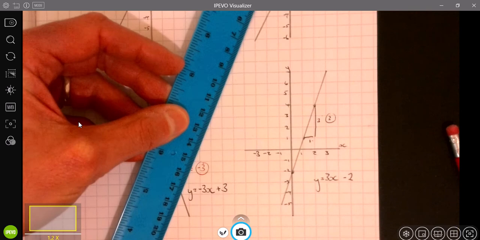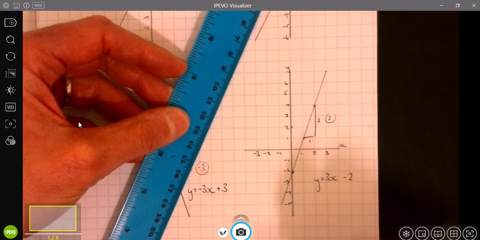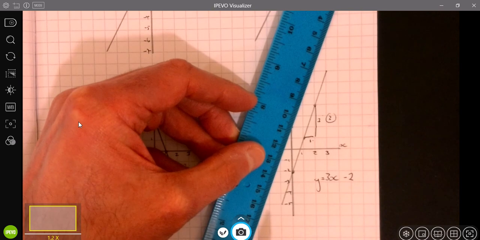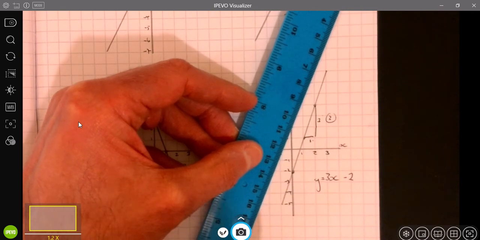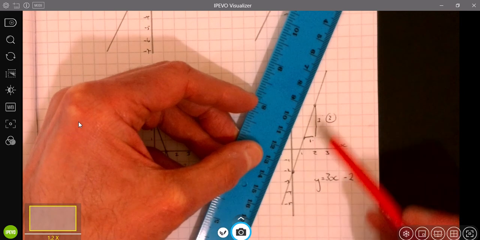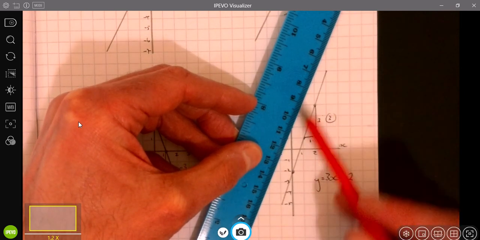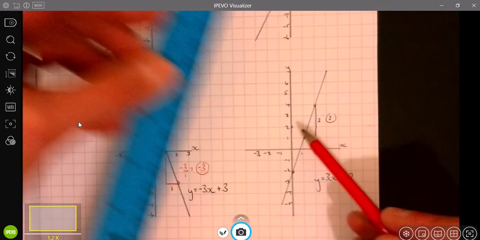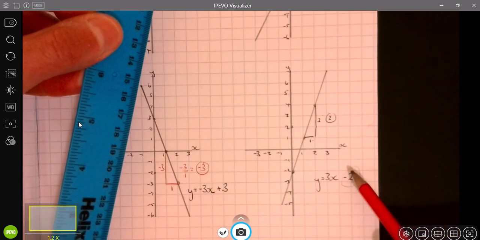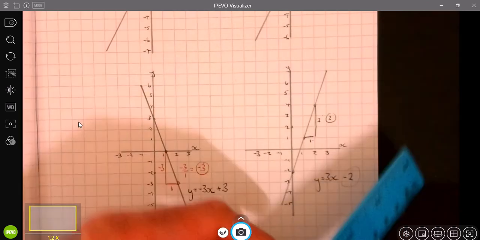But if I said y equals 3x plus 2, I would want it to go through that point. So that's the only thing that's different. It would be about there. It would be parallel, but it's going through that point just there. So this number is the y-intercept and this is the gradient.